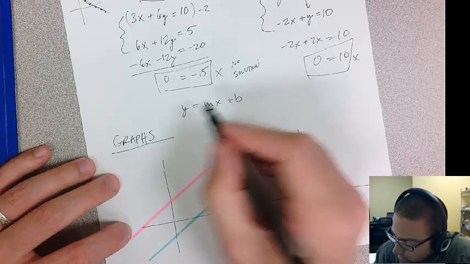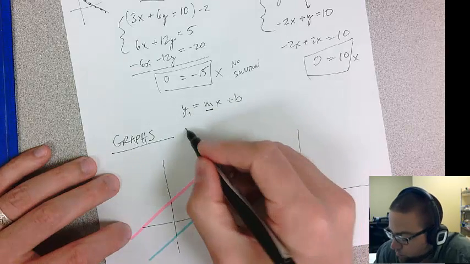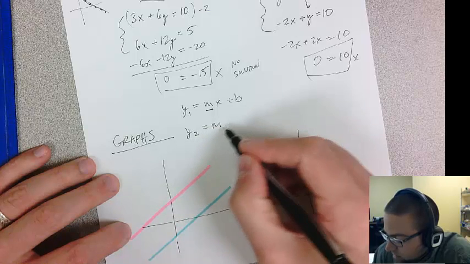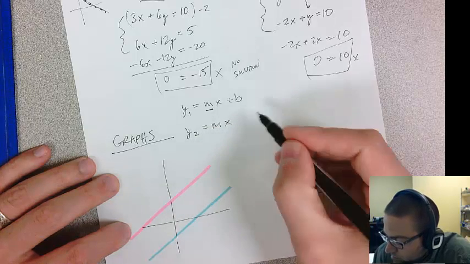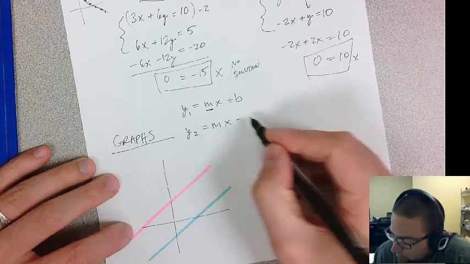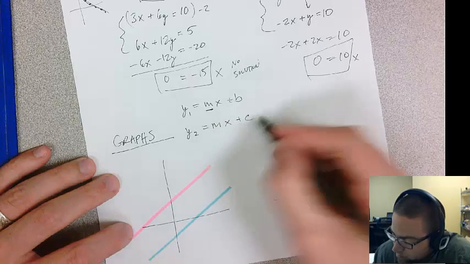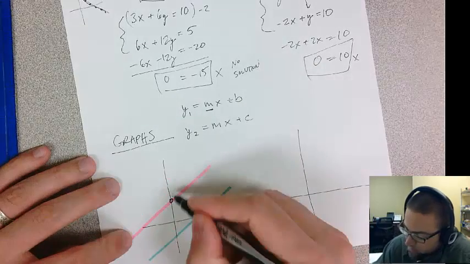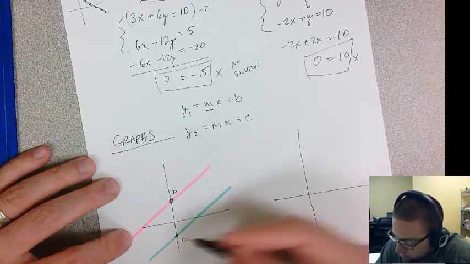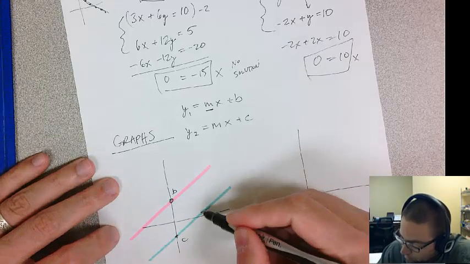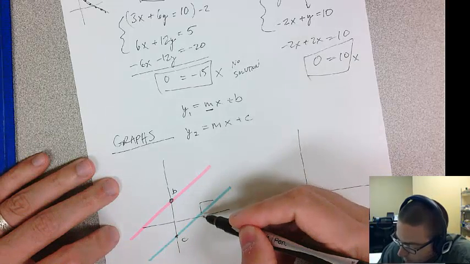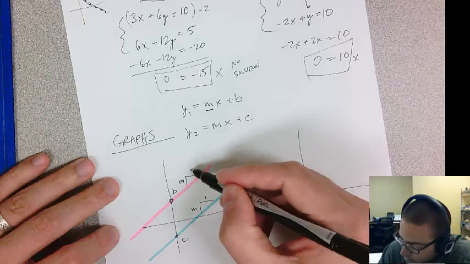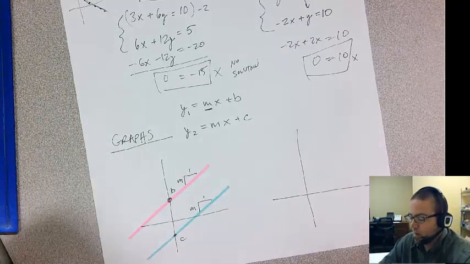So if I had, maybe I'll call this equation y1 and this equation y2, it would have the same m value but it would have a different, so let's say plus c maybe, a different y-intercept. So this one has an intercept at b, and this one has an intercept at c, for example. But they both have the same slope, going up m over 1, m over 1.